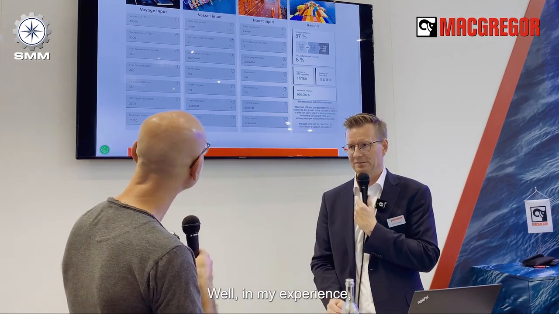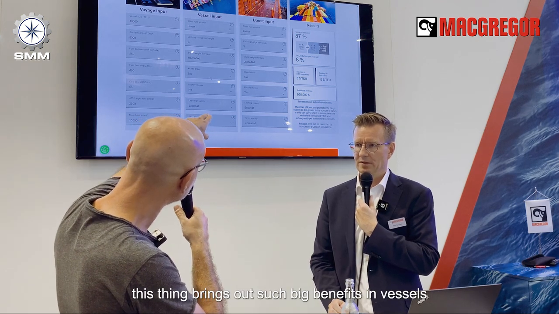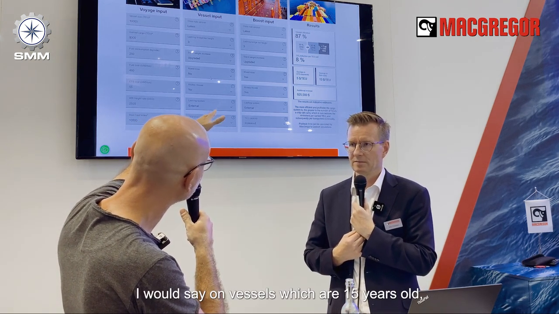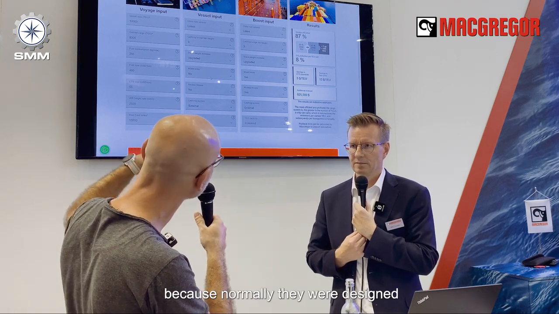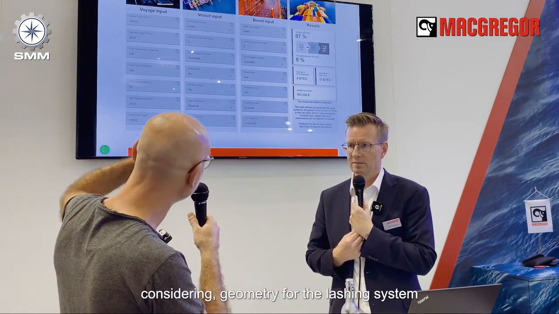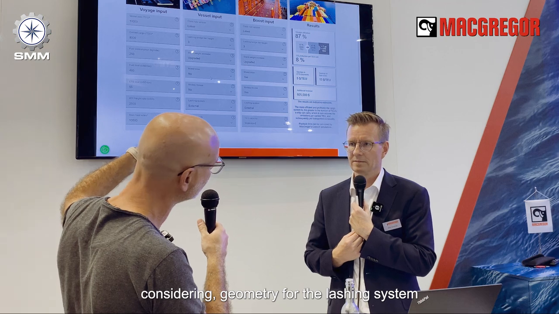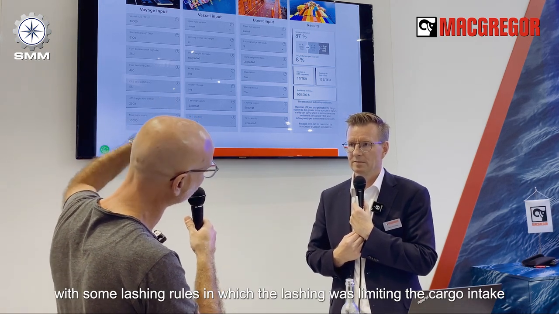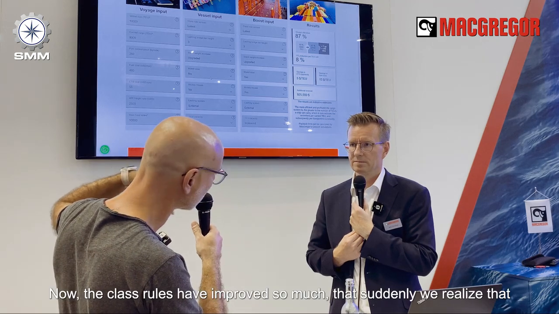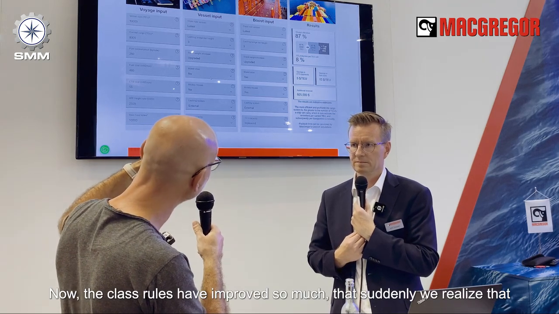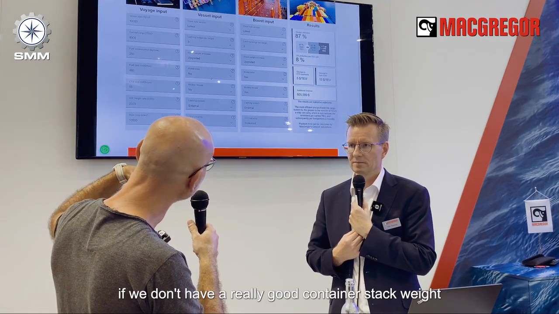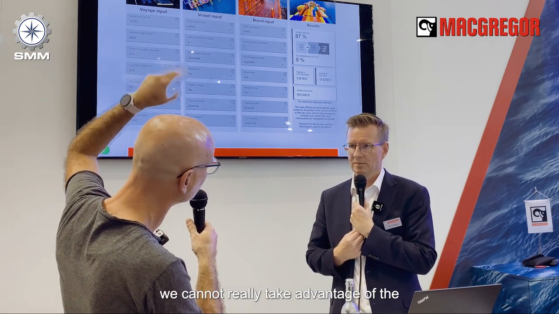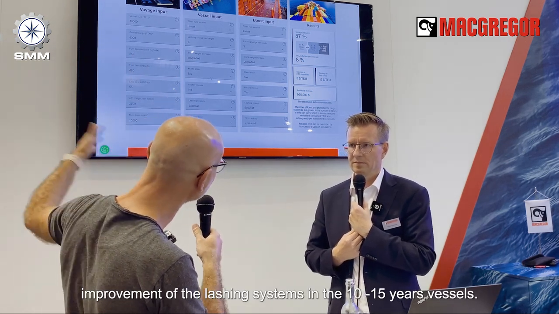In my experience, this brings a big benefit in vessels older than 50 years, because normally they were designed considering a geometry for the lashing system with some lashing rules in which the lashing was limiting the cargo. Nowadays, as this has improved so much, suddenly we have realized that if we don't get a really good stack weight, we cannot really take advantage of the improvement of the lashing in the last 10-15 years.